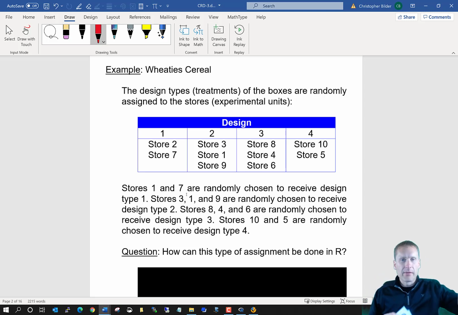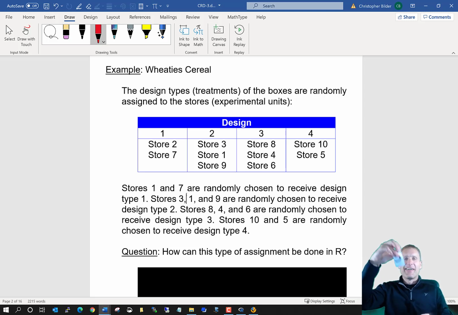Then I put these slips into my hat, shake it up really good, and without looking into the hat, I randomly select number 5. So the first treatment level, let's say design type 1 for these Wheaties boxes, is going to go to store number 5.